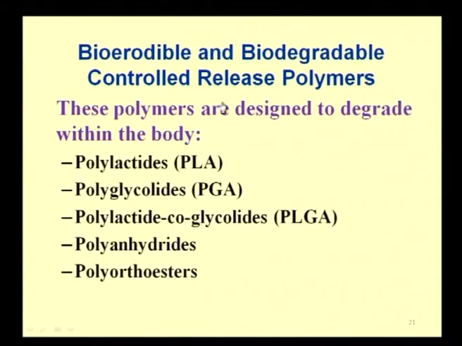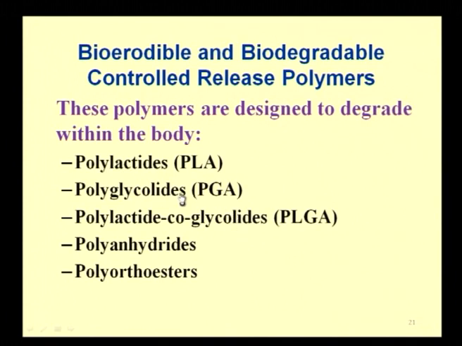Now, let us talk about the bioerodible and biodegradable polymers used for controlled release systems. These are the polymers that are designed to degrade within our body. They are polylactides, shortly called PLA, polyglycolides, PGA, copolymers of polylactides and glycolides, PLGA, polyanhydrides and polyorthoesters.